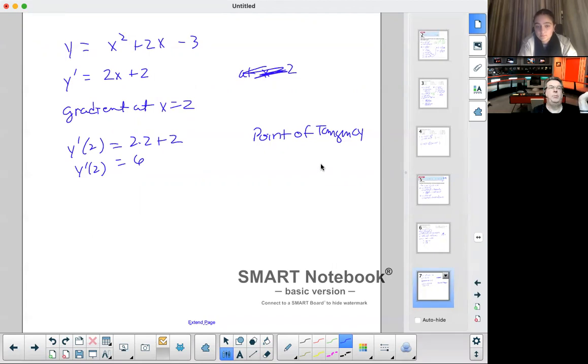There's an infinite number of points of tangency, but we're interested in it when x equals 2. So that would be 2, y of 2, wouldn't it? Up to the original function, which is 4 plus 4 is 8 minus 3, 5. So you just plug in x. Yeah, y of 2, plugging x into the original function.